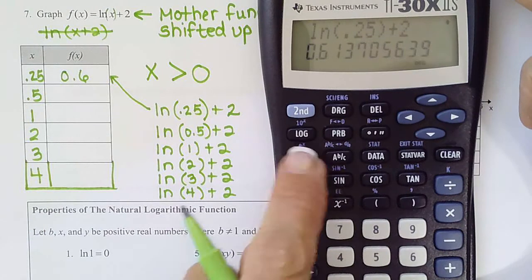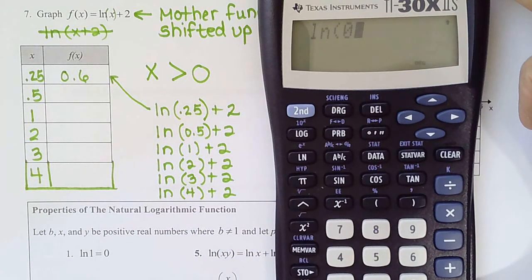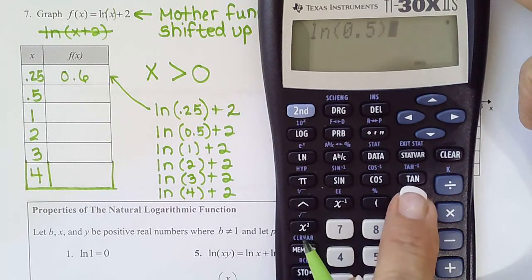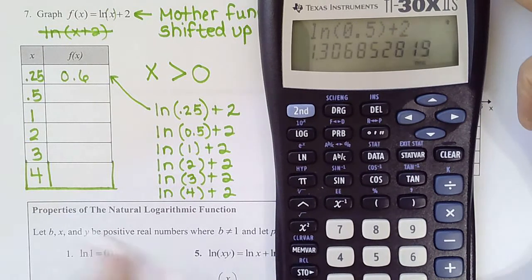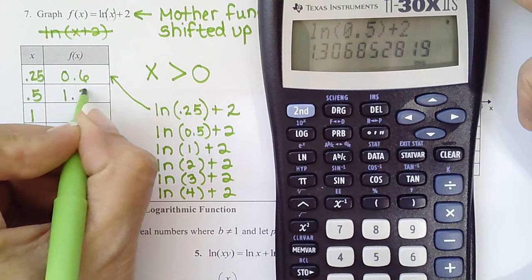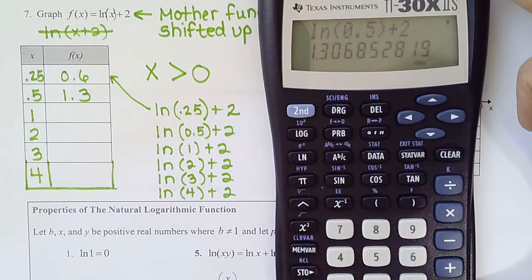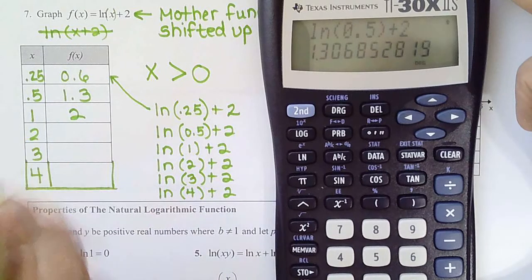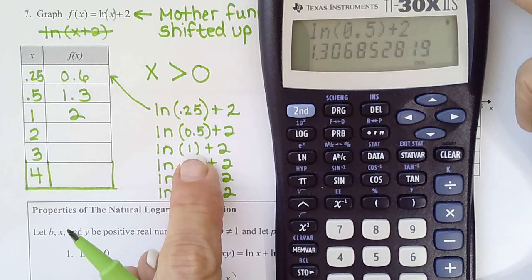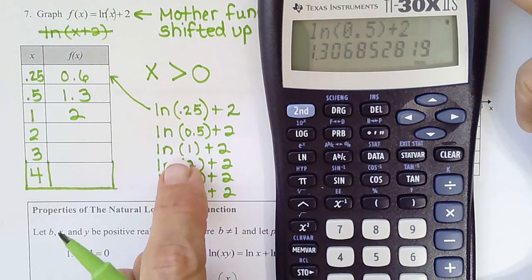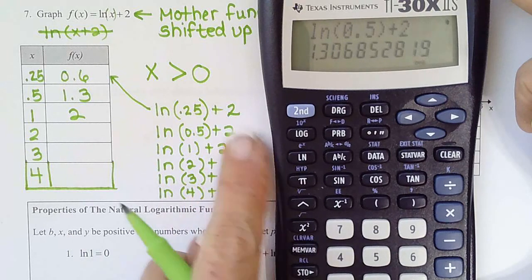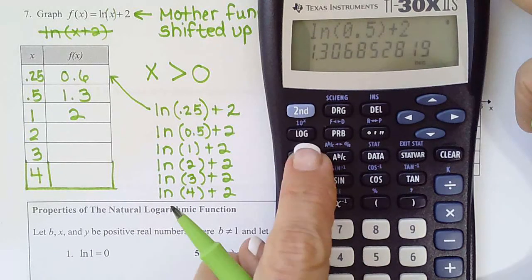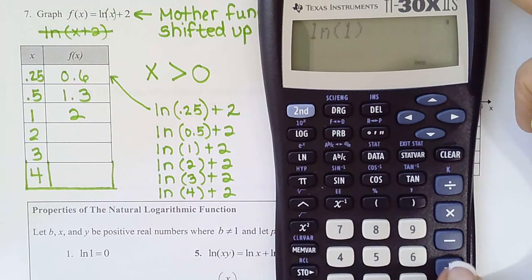And then ln 0.5, close your parentheses, then shift it up 2 is 1.3. ln 1 is 0 plus 2. This is going to be 2, but we'll go ahead and plug it in because remember ln 1 is always 0 because e to the 0th is 1. So ln 1 plus 2, there it is, 2.